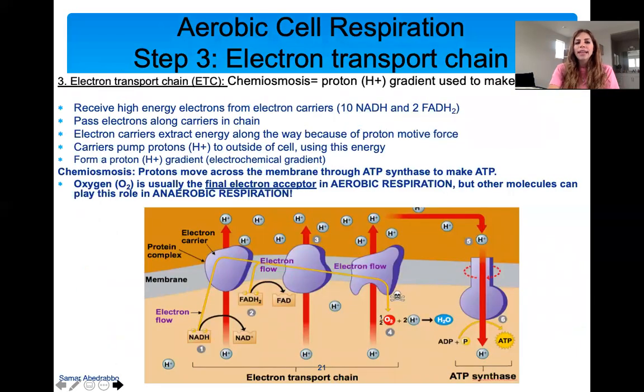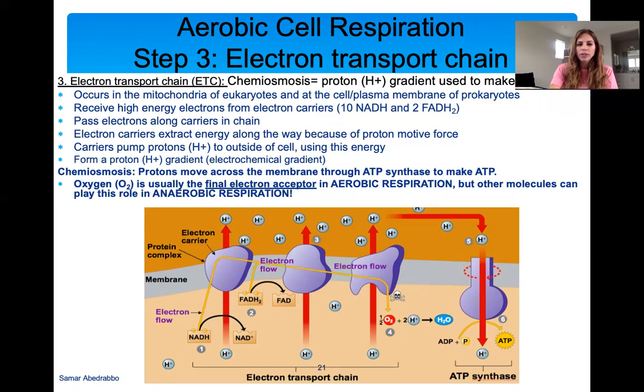So this is how the electron transport chain works. We call this chemiosmosis. You create a proton gradient. And again, everyone realizes this happens in the cell membrane of prokaryotes, of bacteria, and then in the mitochondria of eukaryotes. So NADH and FADH2 end up going all to the electron transport chain.